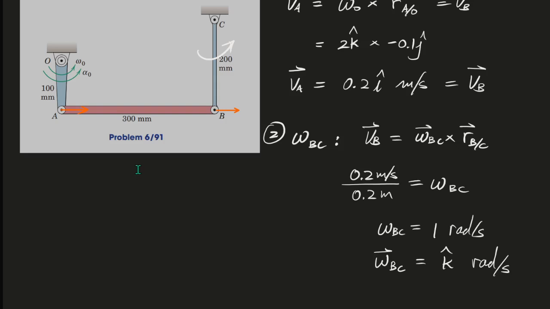Step 3, we want to find the angular velocity of the target bar, bar AB, and I'm going to assume it's going to go that way, which we'll see. So the way to find this is to actually notice the two endpoints are traveling in the same direction with the same magnitude.